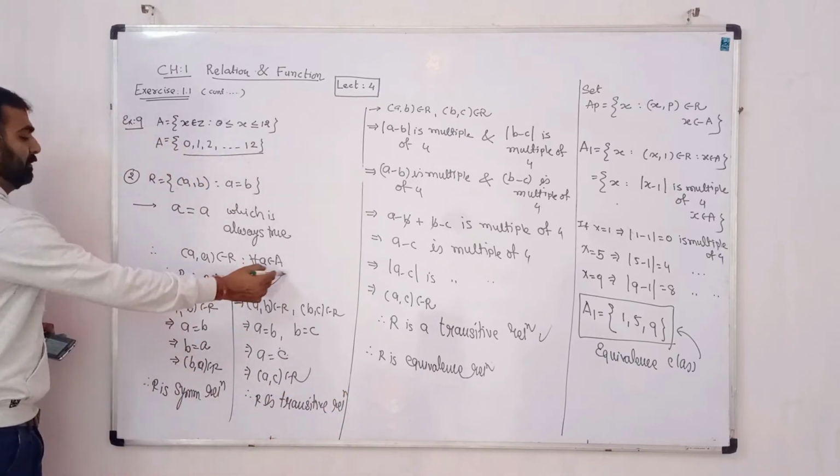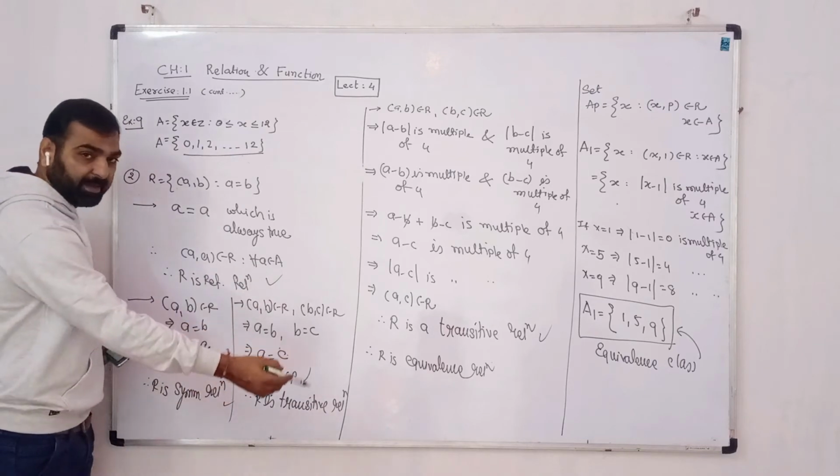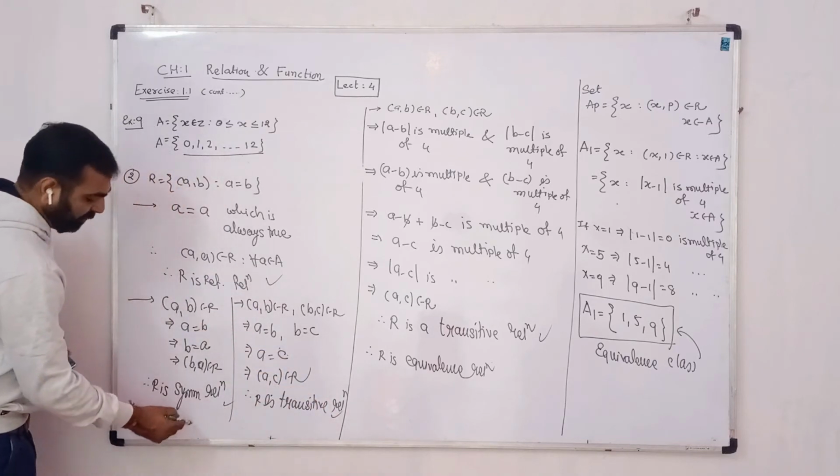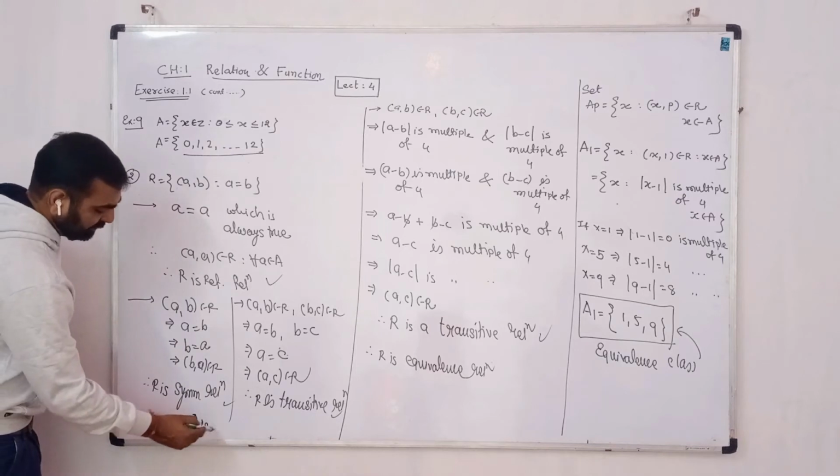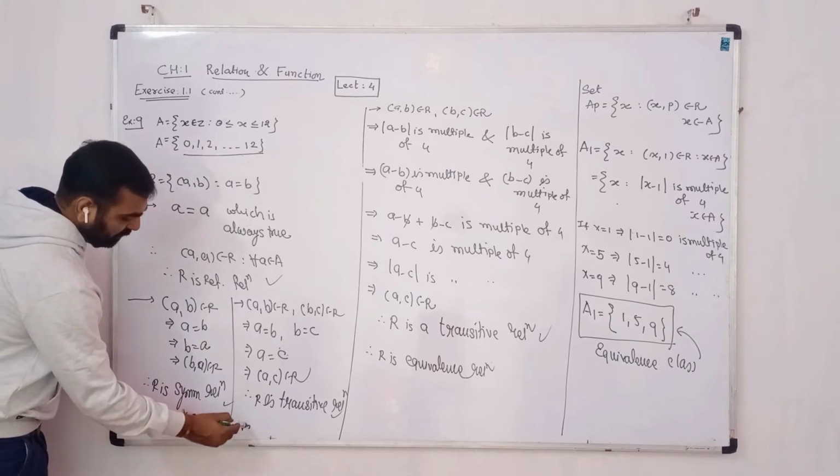So R is reflexive, R is symmetric, R is transitive, therefore we can say that R is equivalence relation.